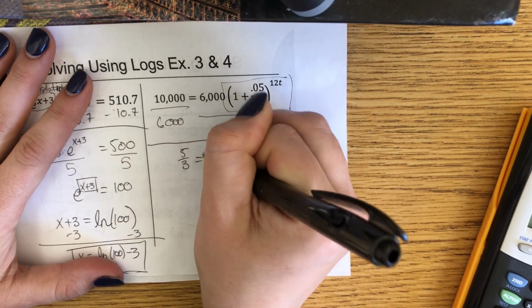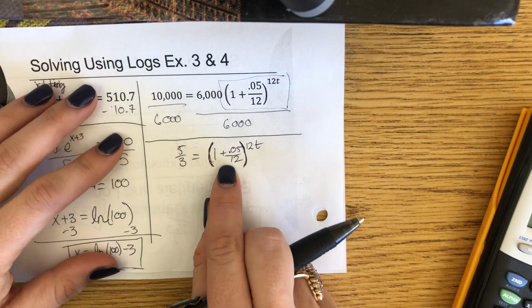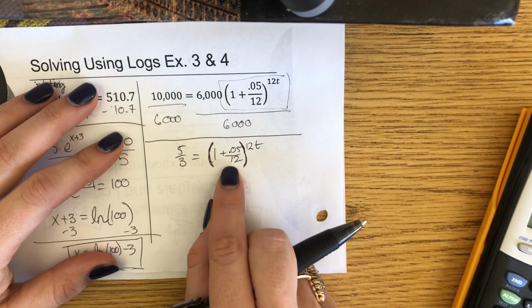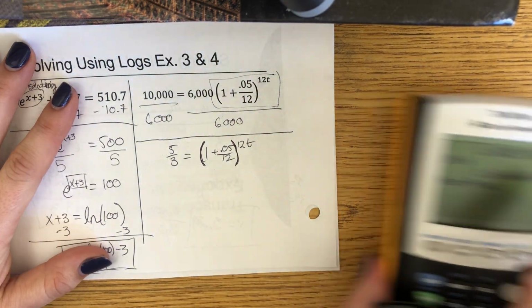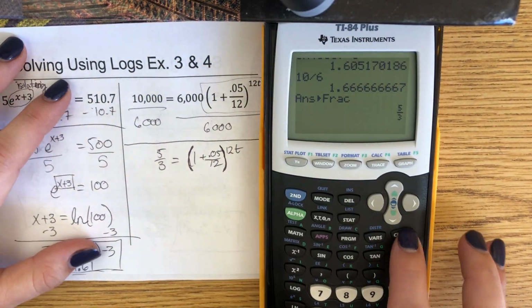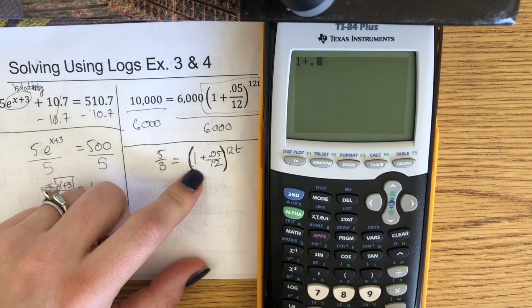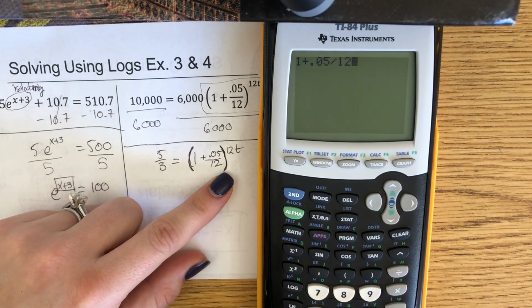At this point, see how there's no variables in here. So I'm actually going to compute this using my calculator. You could do it later, but I recommend doing it at this point. So I'm going to enter 1 plus 0.05 over 12 into my calculator.